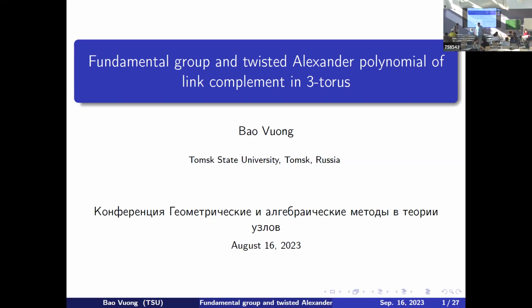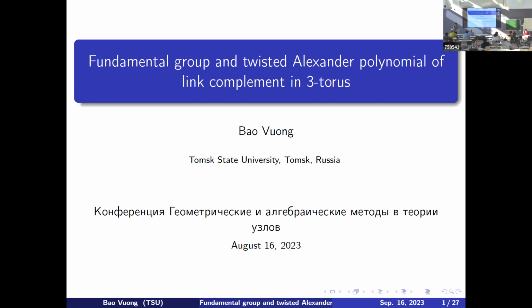As we know, knot theory is now a vast subject that comes across every field of mathematics. One of the directions that extends knot theory is, in the classical case, we consider the embedding of a circle in the three-dimensional sphere.